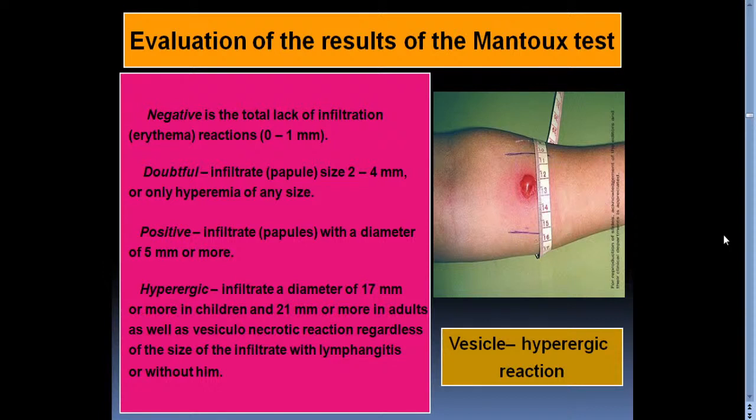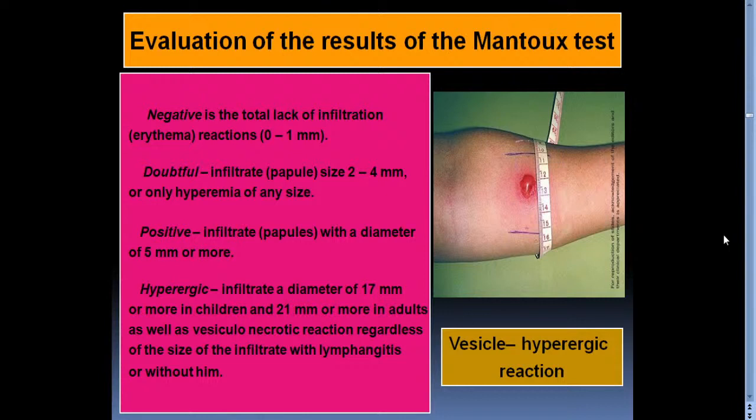Next reaction, doubtful. This is infiltrate or papilla sizes from 2 to 4 millimeters, or only hyperemia of any size without papilla. This reaction is named doubtful also.